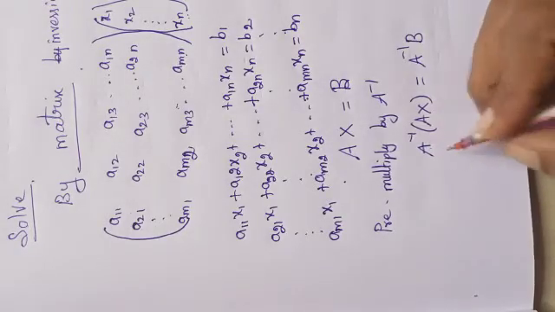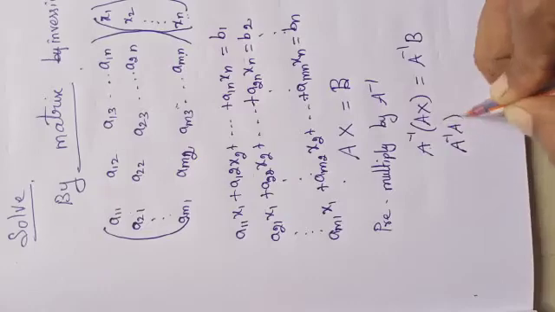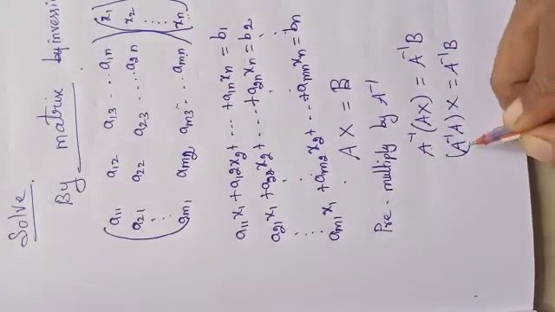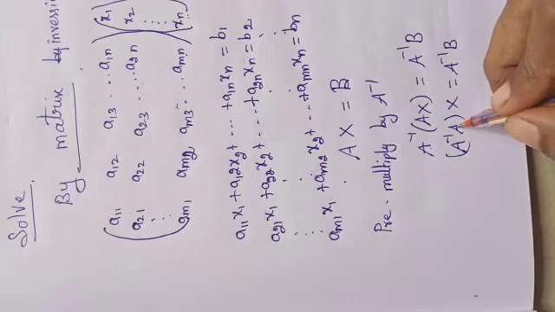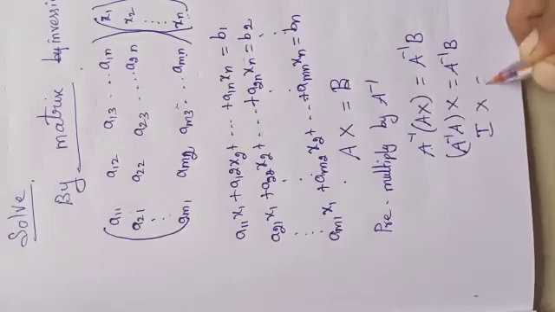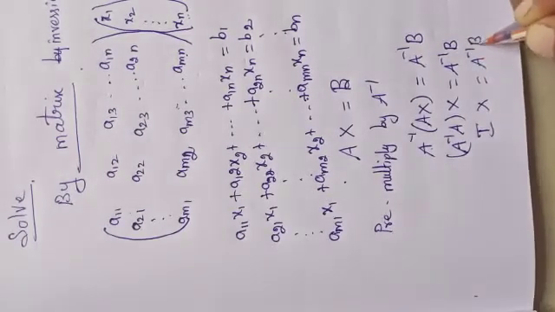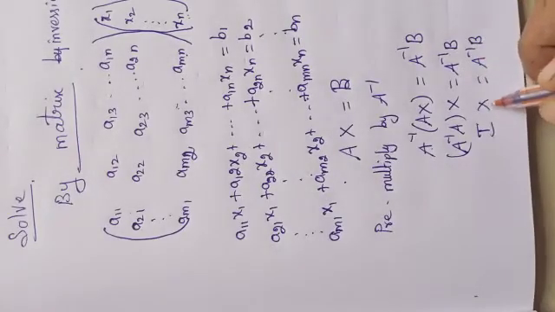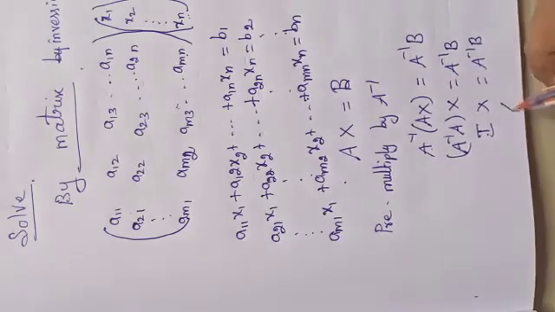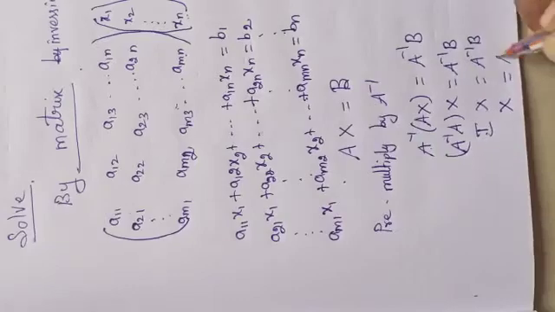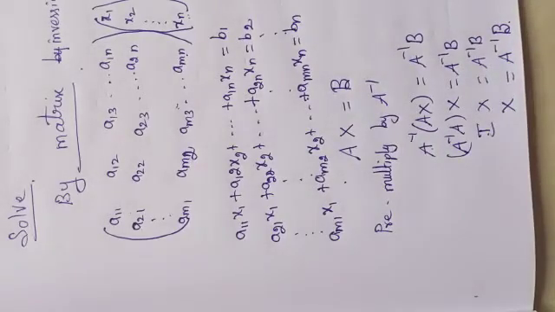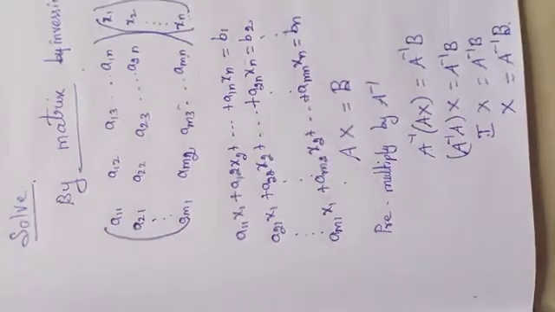Since it is associative, we can change the bracket: A inverse into A into x is equal to A inverse b. When we multiply a matrix with its inverse, we get the identity matrix. So Ix is equal to A inverse into b. Any matrix multiplied with the identity matrix gives the same matrix. So x is equal to A inverse into b. This is the matrix inversion method.